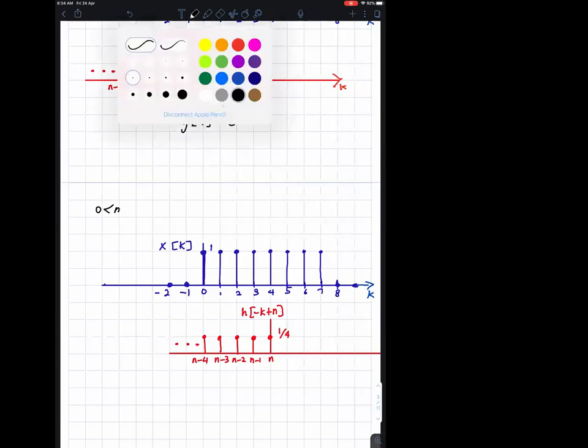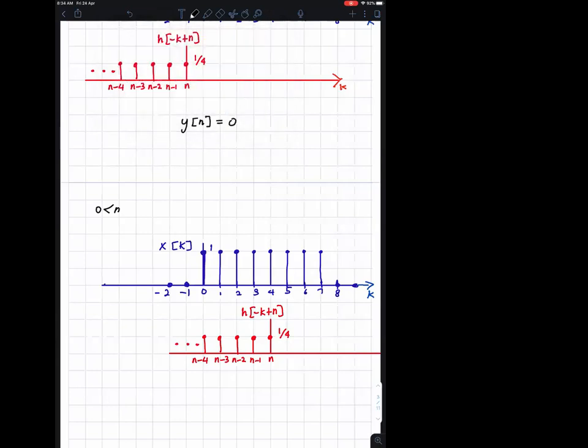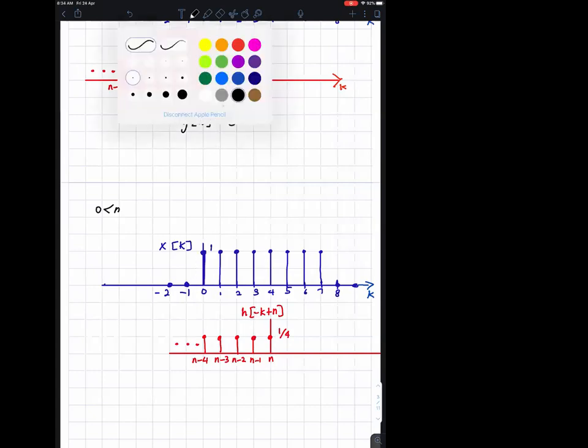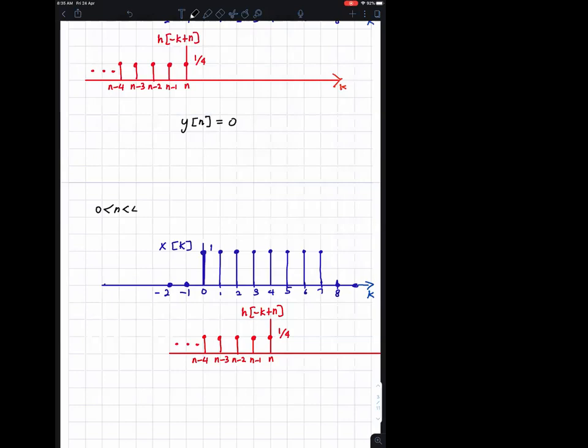Yes. The lower limit is 0, and the upper limit is 4, because this is where the overlapping is, see right here and right here. So n is from 0 to 4.